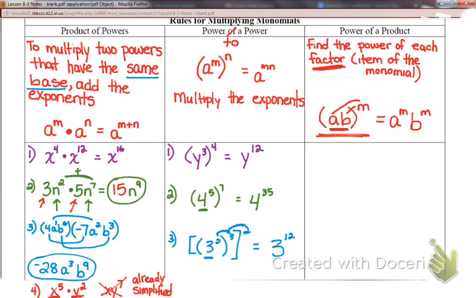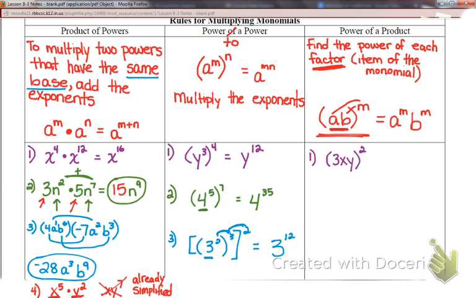So let's look at an example here down below. Example number 1 right here, we have in parentheses, you're going to have a product. And that product is 3xy. That's a monomial there. And we're taking that to a power. We're going to find the power of that product.